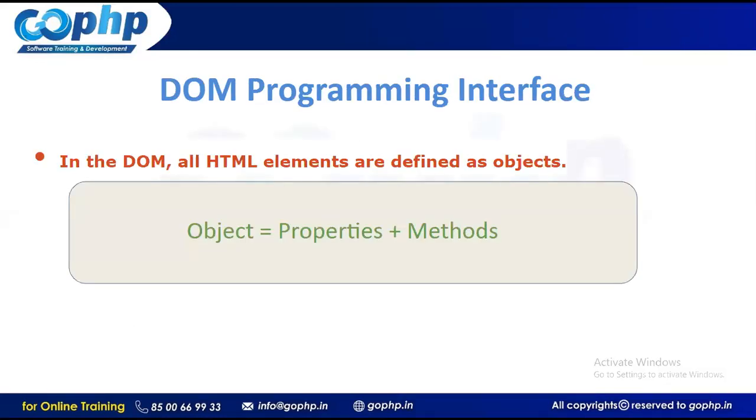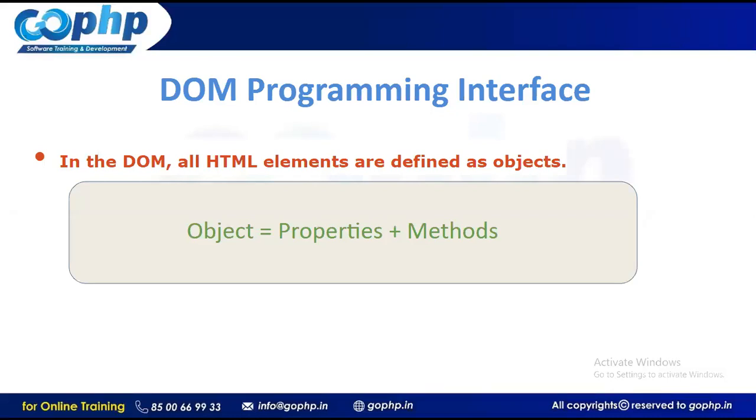For the DOM programming interface, we have to understand one very important point here, guys. In this DOM, all HTML elements are defined as objects. Do you remember the point I'm telling you here? All the HTML elements are defined as objects. Generally we know object basics. In the starting sessions we saw the basics of an object.